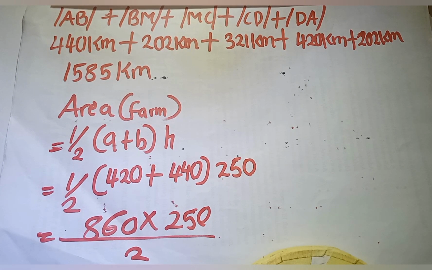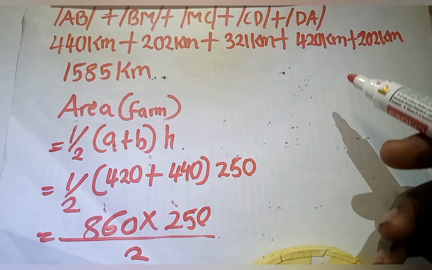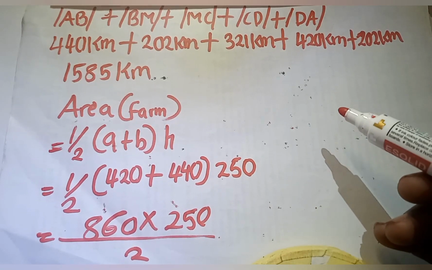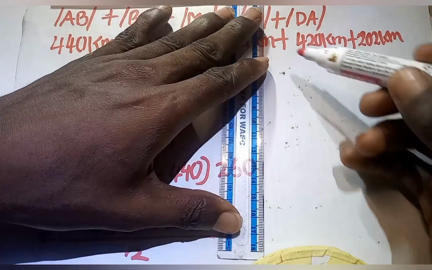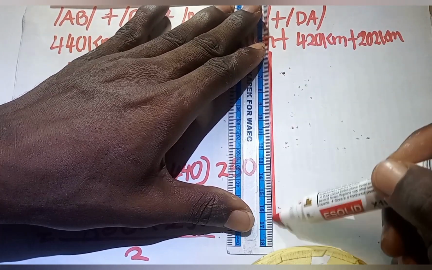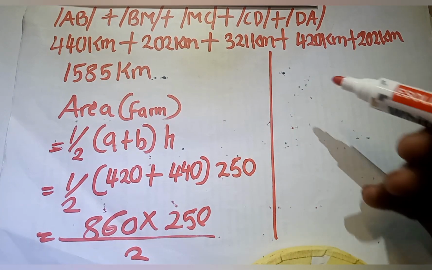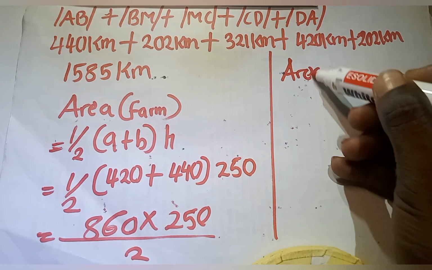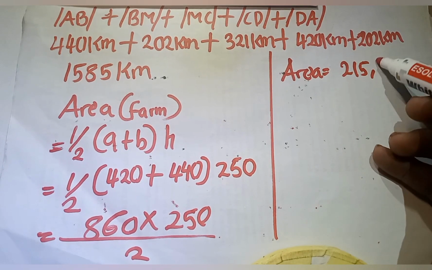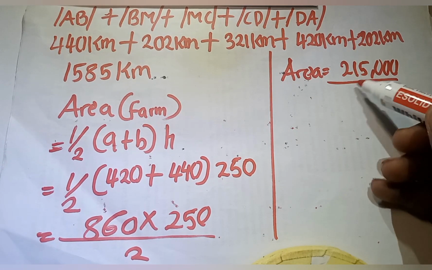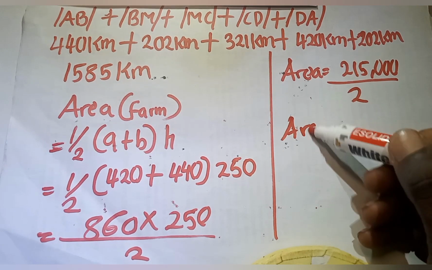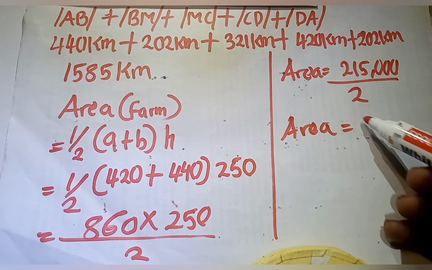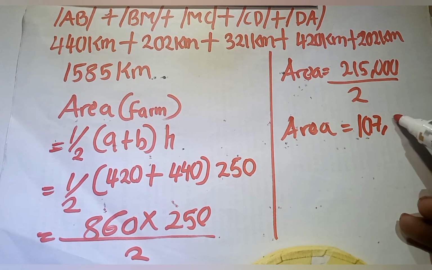So 860 multiplied by 250 will give me 215,000. I don't want you to make a mistake, so area is equal to 215,000 over 2, which will give me 107,500.